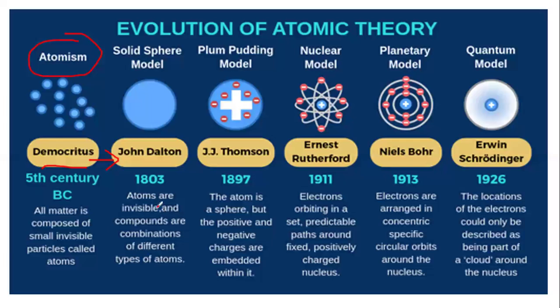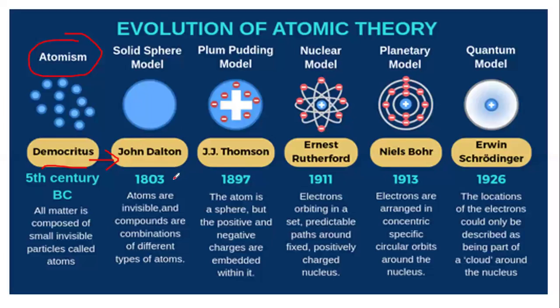He said atoms are indivisible, and compounds are combinations of different types of atoms. For example, water is a combination of oxygen and hydrogen. To get water, you need to combine atoms of oxygen and atoms of hydrogen.